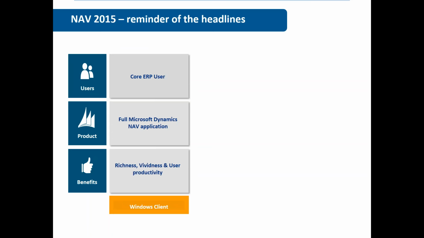The first type of user or client is your traditional Windows client. So we're looking at people here who are core NAV users, probably in the system all day, inputting, inquiring, reporting and so on. And that's a traditional Windows client, and we talk a lot there about the richness and vividness that we're presenting to the actual user through the role-tailored client.